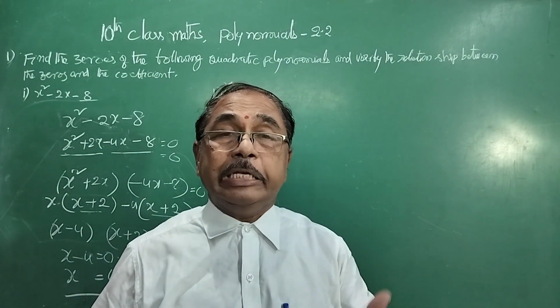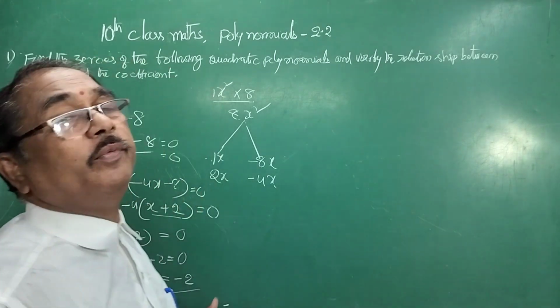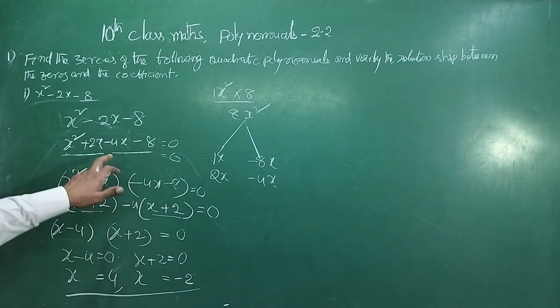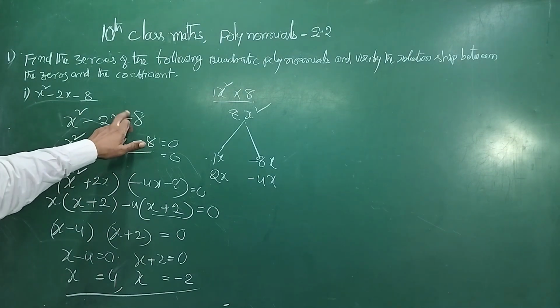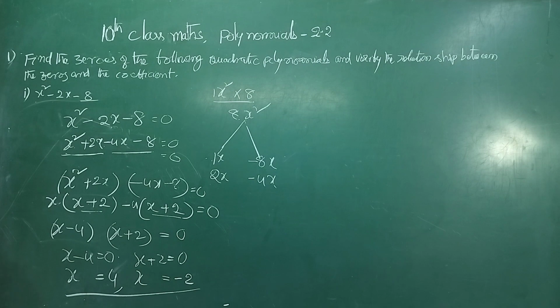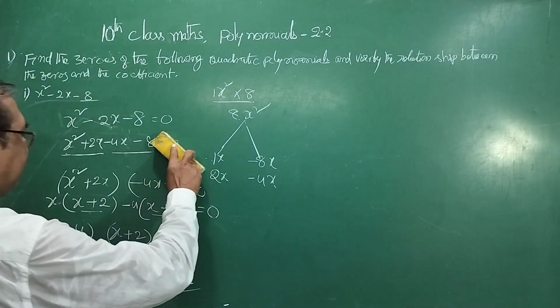What we found here are the zeros of the polynomial. That means if we substitute these values of x in this polynomial, the polynomial becomes 0. Let us verify.